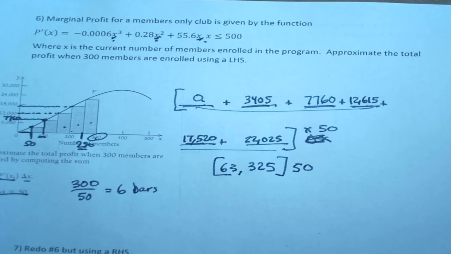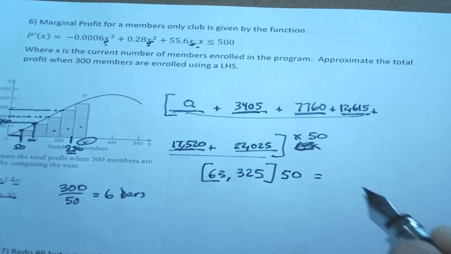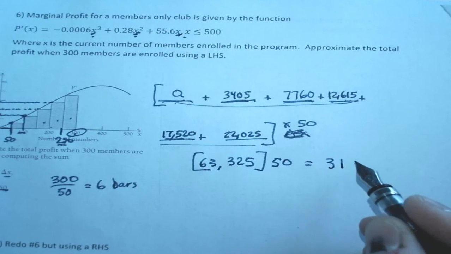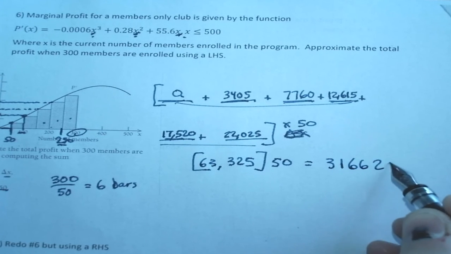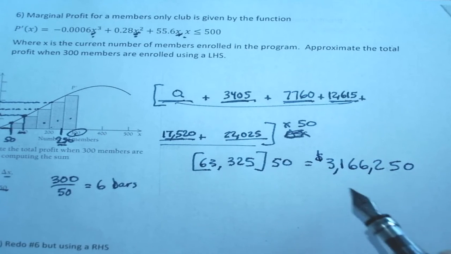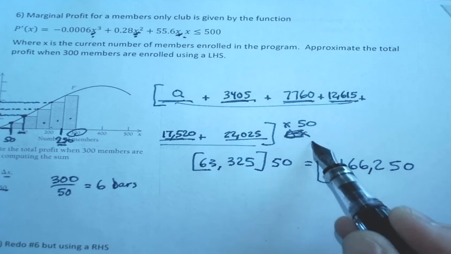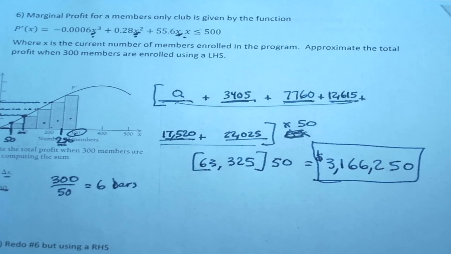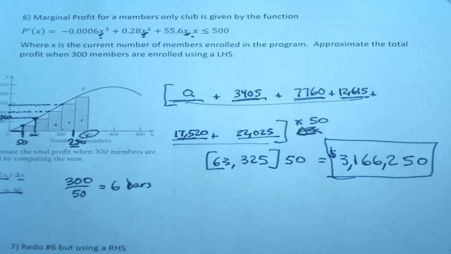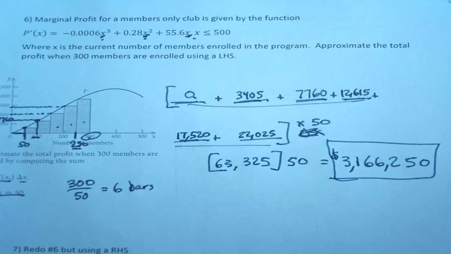We get a pretty large number: 3,166,250. That is our estimate of our total profit with 300 members enrolled.